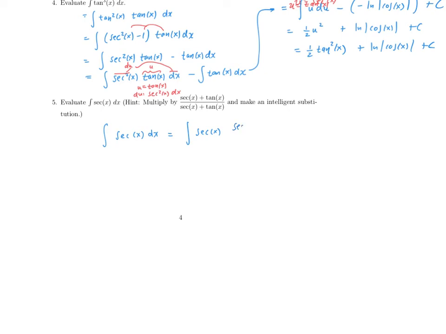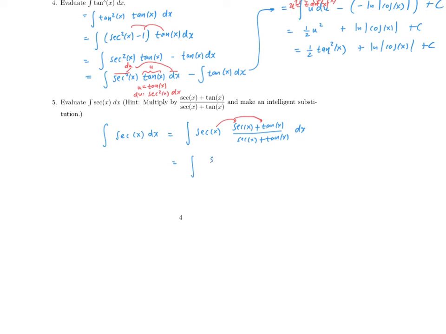So we're multiplying by secant plus tangent over secant plus tangent. And one thing we can do is go ahead and take the secant and distribute it through the numerator. So turn this into just a fraction. And as I distribute the secant through, I'm going to change the order that I'm adding the terms in the numerator. And you'll see why in a moment.